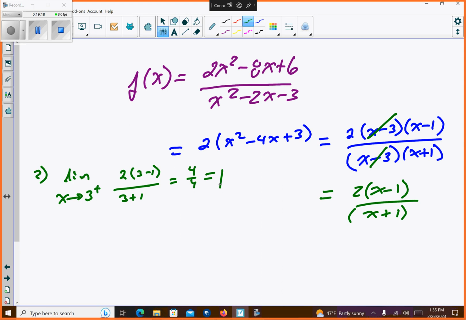I can directly plug it in a lot of times. I was coming from the positive, but it doesn't matter which side because it didn't make an undefined term. If I had left my x minus 3's in there, basically you're now just doing the limit based on this. You're not worried about that hole.